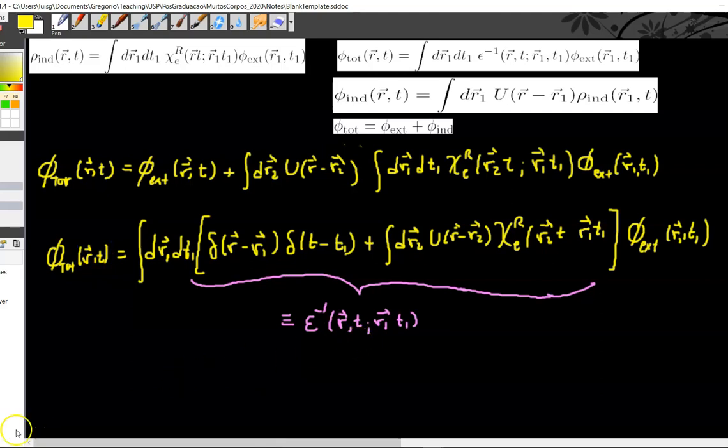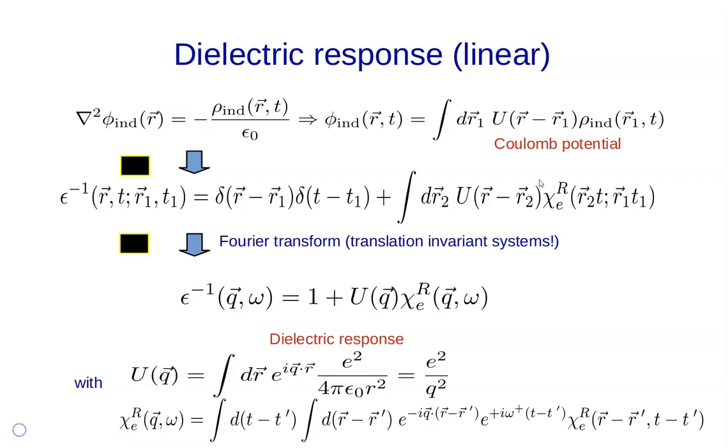So let's go to the slide. All right, we're back to the slide, and I corrected that typo that I had here, and we get to the expression we just derived. Now I want to do a Fourier transform, which is valid for translation invariant systems. So we write this not only in terms of the frequency, but in terms of momentum.